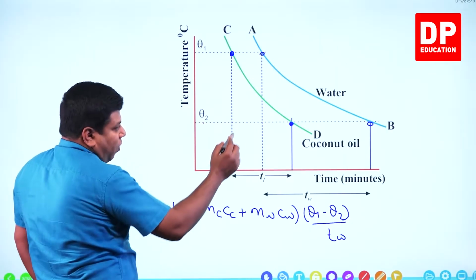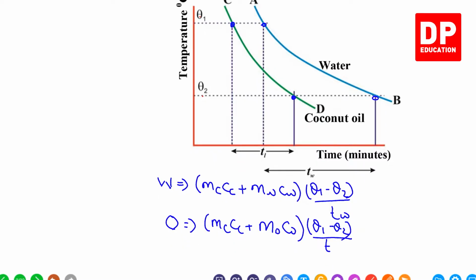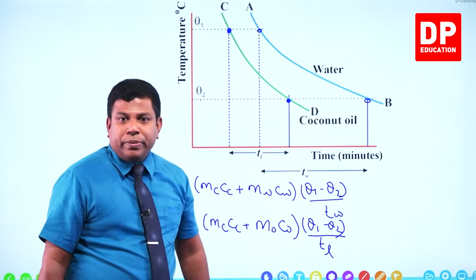Similarly, when we do this for oil, again McCc, because calorimeter is always there, m oil, c oil, theta 1 minus theta 2 over T liquid.